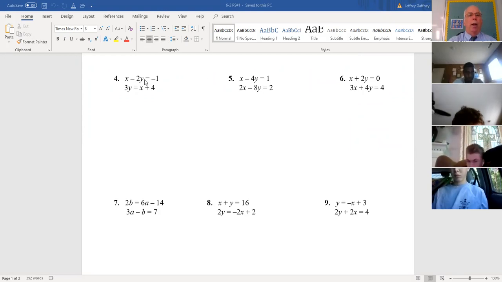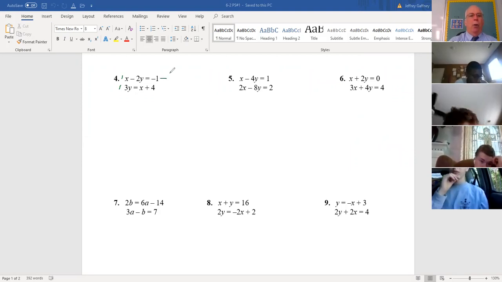I've got to take one of these two equations, doesn't matter which one, and I've got to make x or y, just plain old x, plain old y, no coefficient, equal to something. To me, this one looks easiest, although we could do the bottom one.